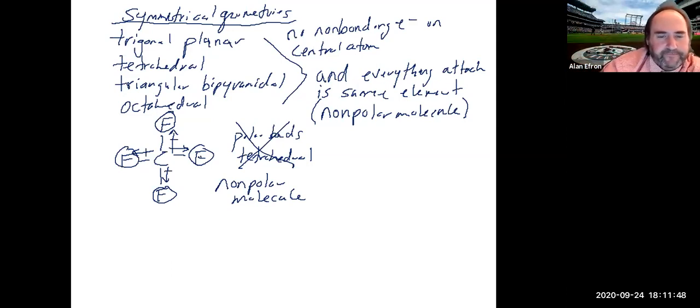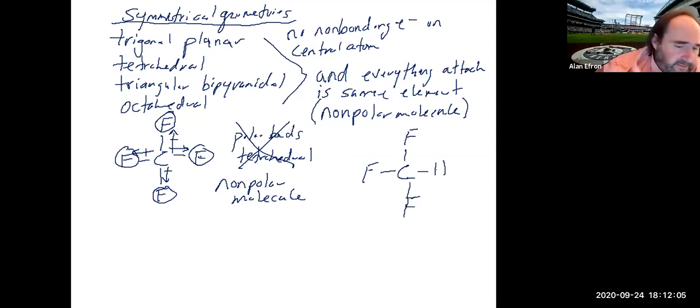Question on that? Now, what would happen if I had pretty much the same deal with my fluorines, but I decide, hey, I'm going to swap out a fluorine for a hydrogen in this particular case. So now when I draw my Lewis structure, I got no dots on the central atom.